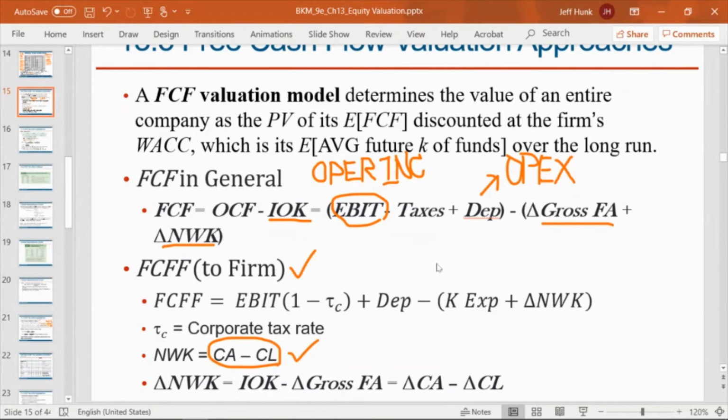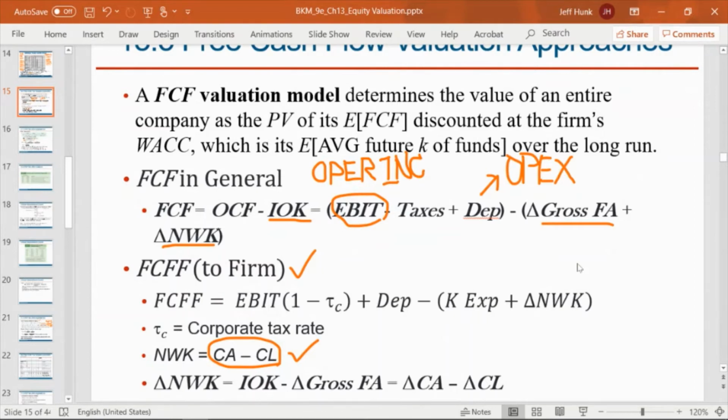So then think about it. Where's the capital? Where's the money? Where does the money come from to support the change in gross fixed assets? In other words, if you're expanding the plant size, if the plant size increases, so will the production capacity, right?